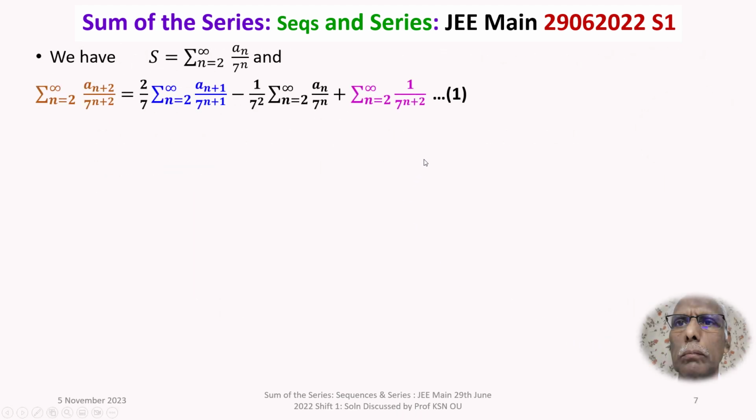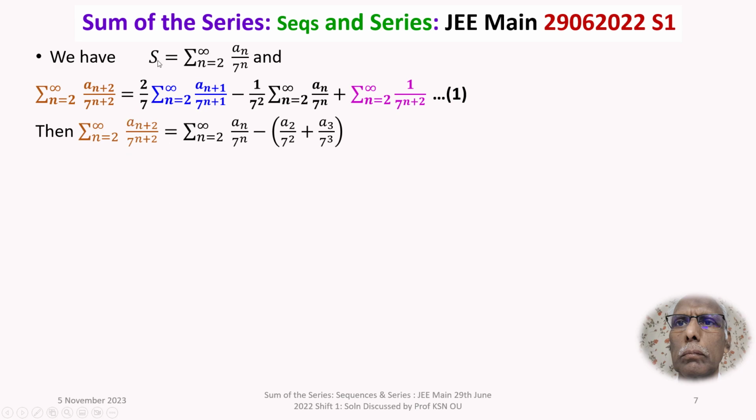So this is what we have done so far in the first slide. Let us take the first one: sigma n equal to 2 to infinity of a_(n+2) by 7 to the power of n plus 2. Look at this. For n equal to 2, the first term will start from a4 by 7 power 4. The next one is a5 and so on and so forth.